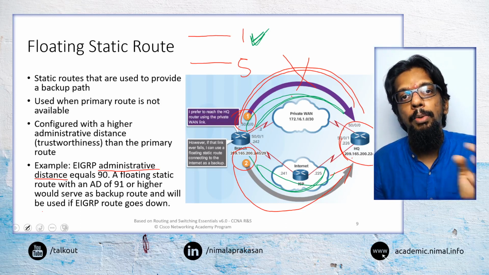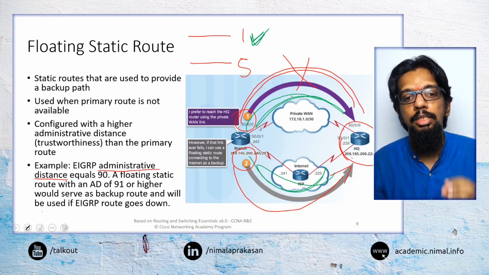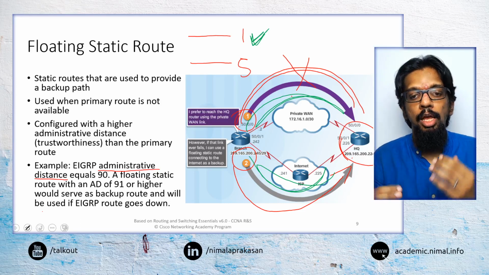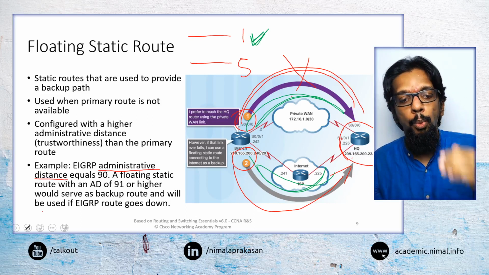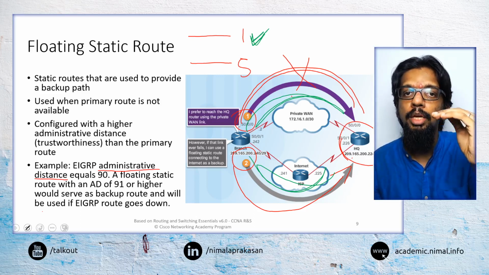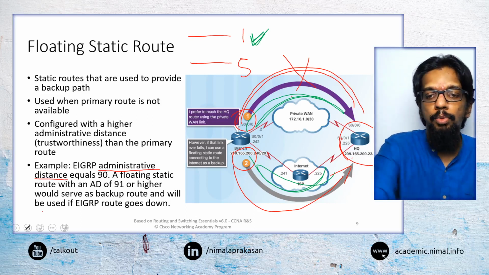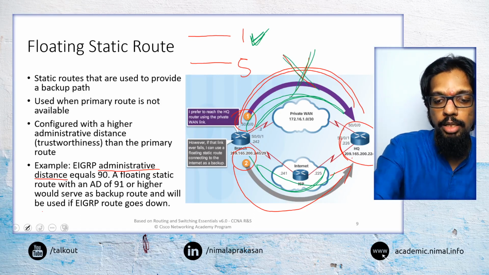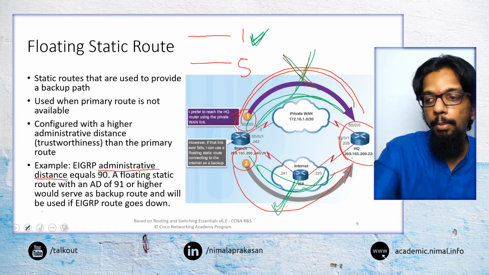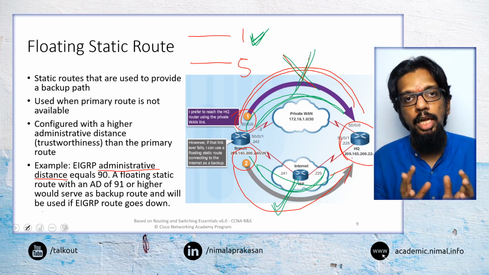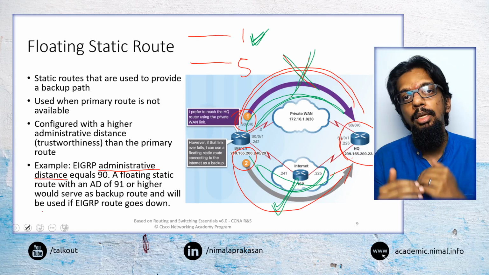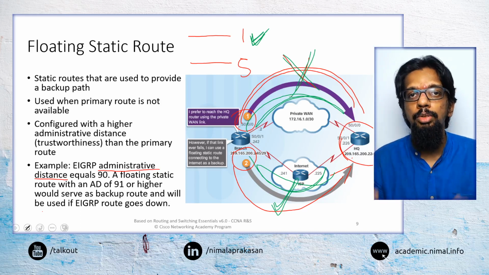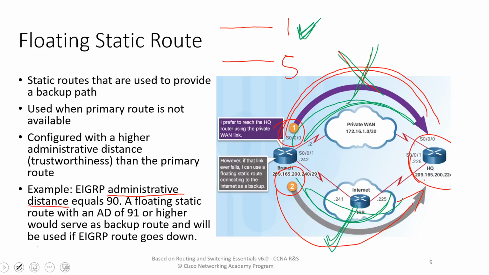So if we want to set up a floating static route, we will set its administrative distance as 91. There, that static route will only be active when the link with 90 is no longer active. So when this one dies, only at that point this one will become active. That is where we would use floating static routes as a way to implement backups to primary links.